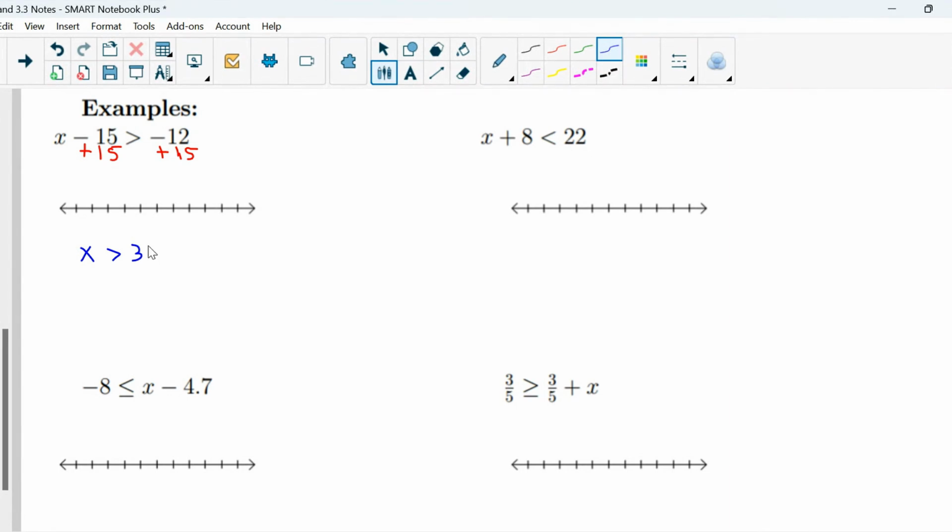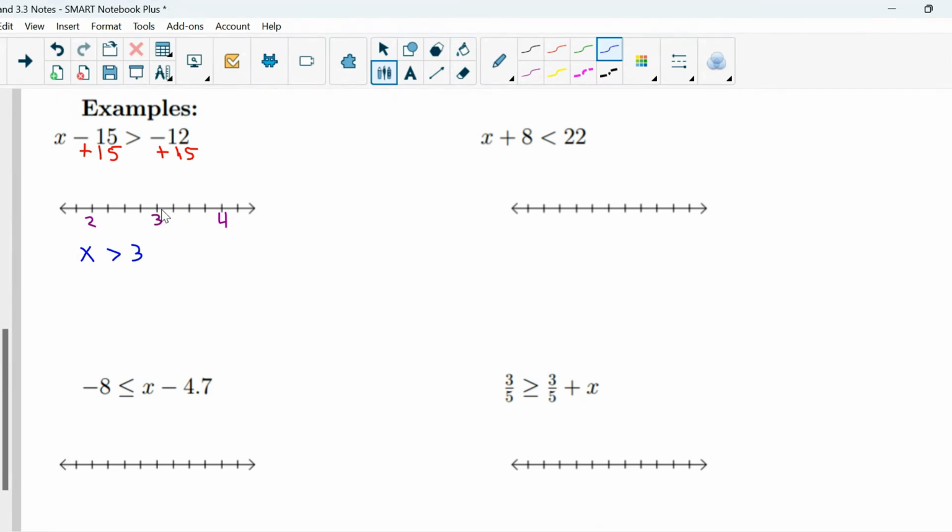Okay, so now let's graph this on our number line. So let's plot our points. Start by plotting our point within our inequality, 3, a value above which would be 4, and a value below which could be 2. From here, let's go ahead and plot a point at 3.